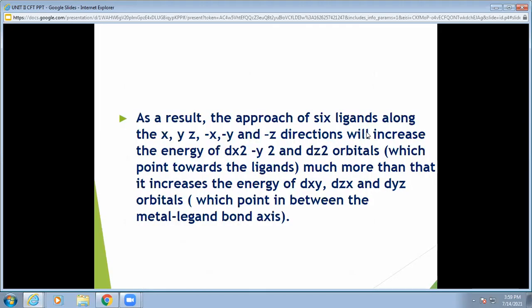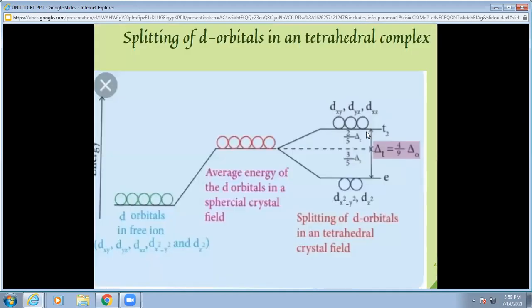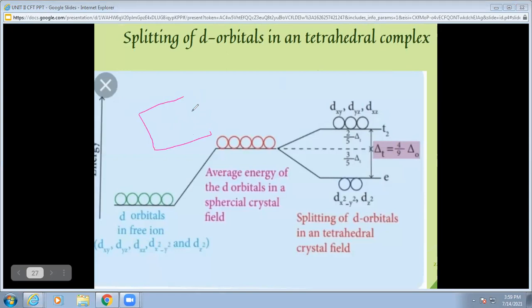What about the tetrahedral field? Tetrahedral is the opposite of octahedral. Here the ligands approach in between the axes. Suppose this is the tetrahedral structure.